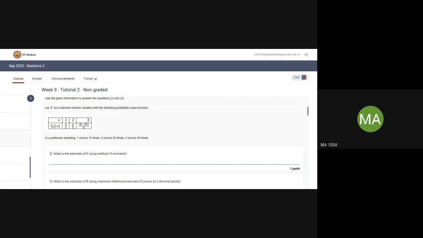There, 1 is coming 10 times, 2 is coming 20 times, and you find the sample mean from this information and equate that sample mean to the expected value of x that you get. Yeah, got it. When it is the distribution mean or expected mean, it is only once. I got it, ma'am. Thank you.